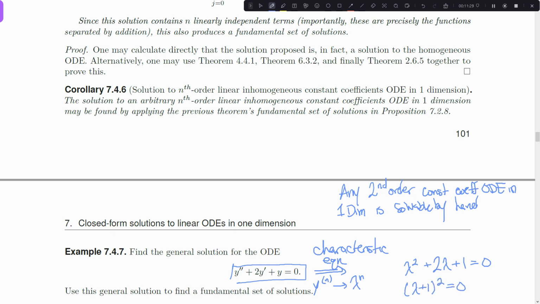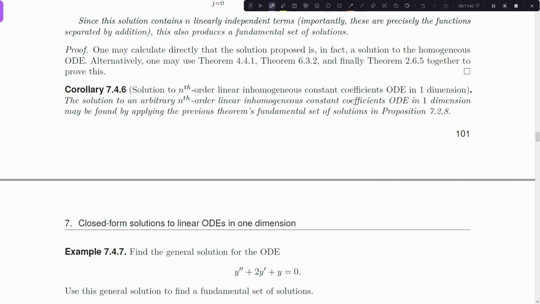And therefore I have lambda equals -1 is a root, and it's a root of multiplicity 2. Hence, my solution must take the form c1 e to the negative t plus c2, where I step up in powers of t.